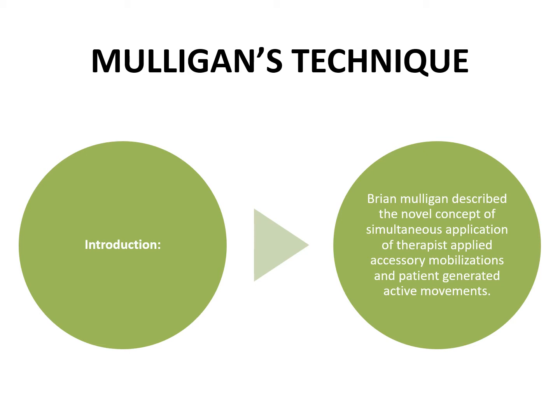For instance, if the patient has painful abduction, the therapist will apply a certain glide. Simultaneously, the patient will perform abduction movement and repeat it. So that was the concept given by Brian Mulligan. So we'll start with it.